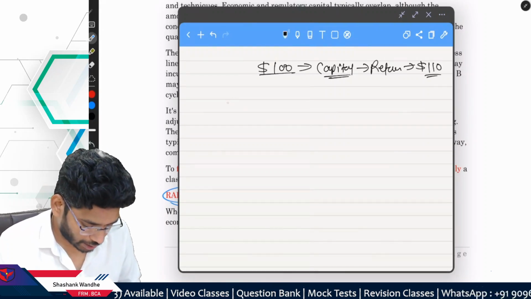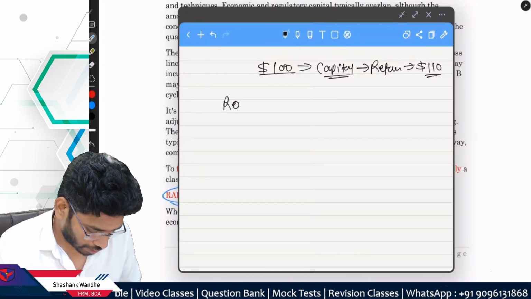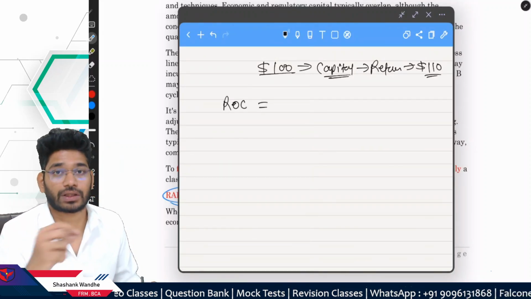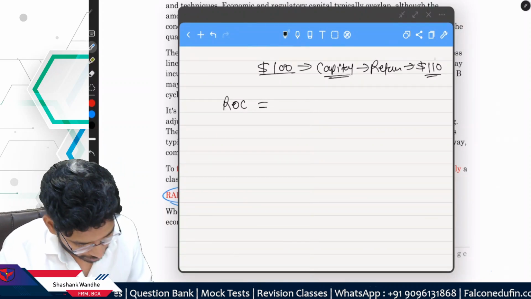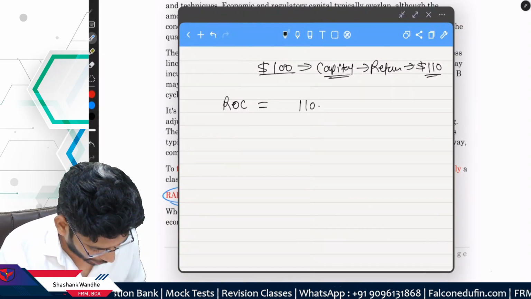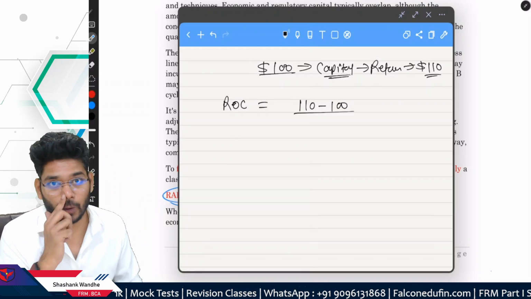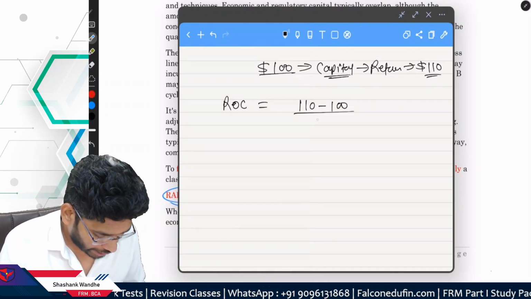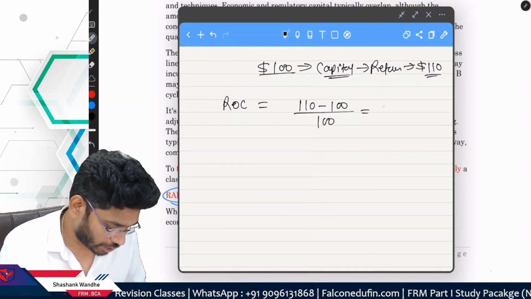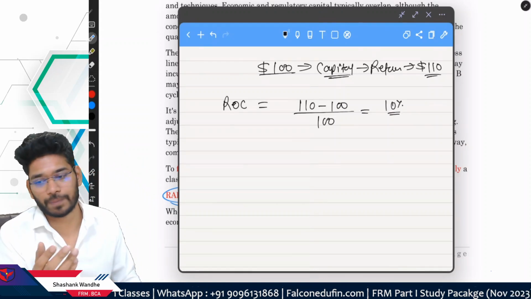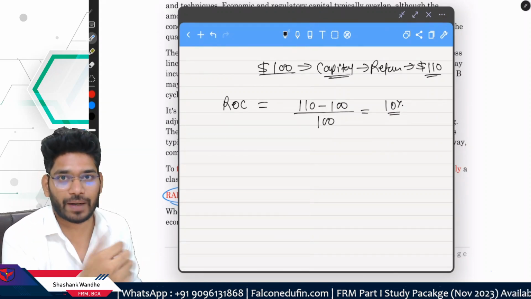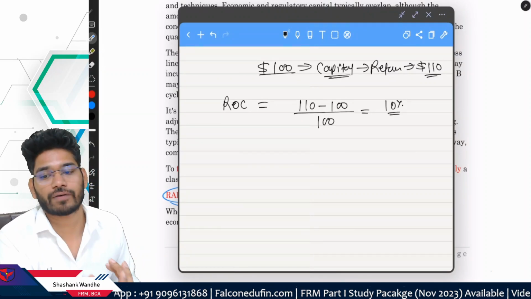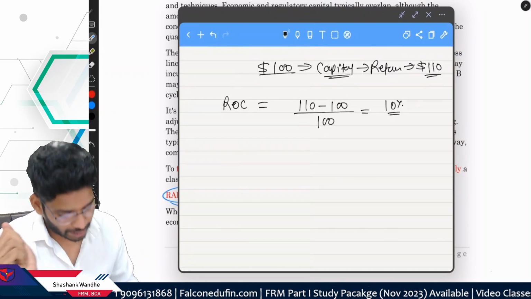So what is your return on capital? Return is 110 minus 100, so 10 you earned, and your capital is 100. So you were able to get 10%. So return on capital is whatever returns you are getting on whatever capital you are putting.